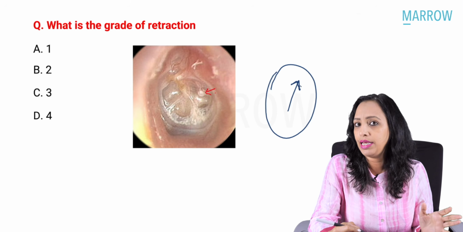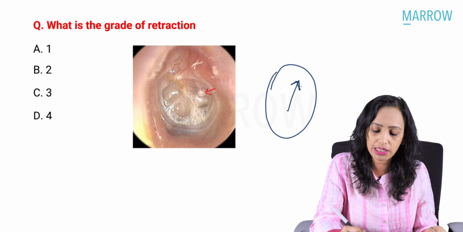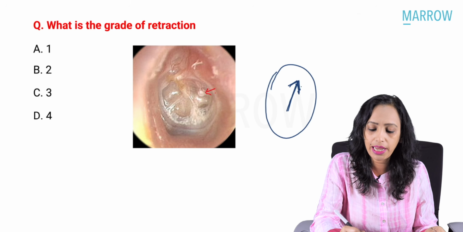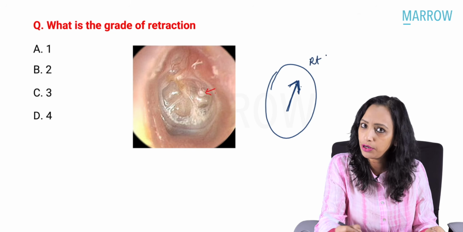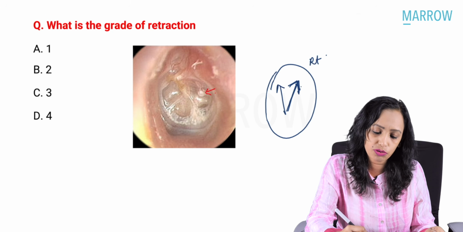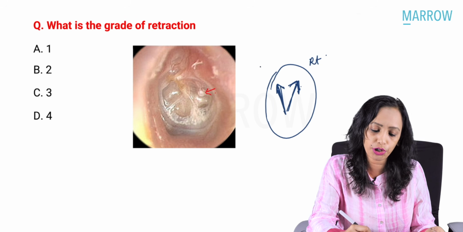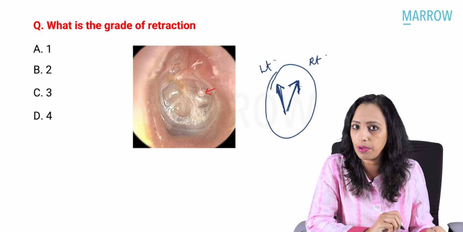Whichever side the handle of malleus is pointing, it is that particular tympanic membrane, which means that if the arrow is like this, it is pointing towards the right side of this page, so this is the right tympanic membrane. If the handle of malleus is like this, it is pointing towards the left, so it is the left tympanic membrane, right?